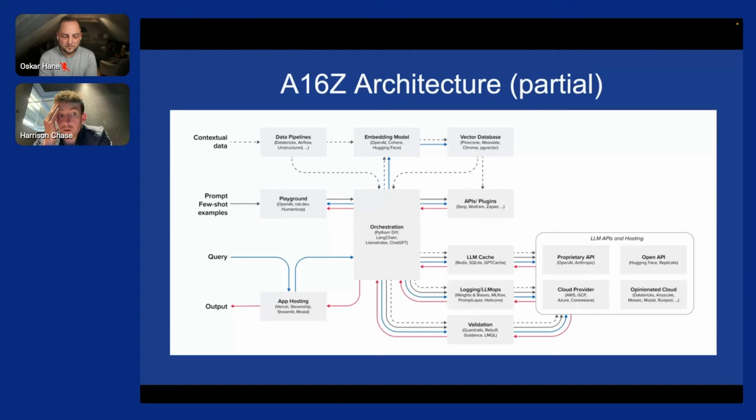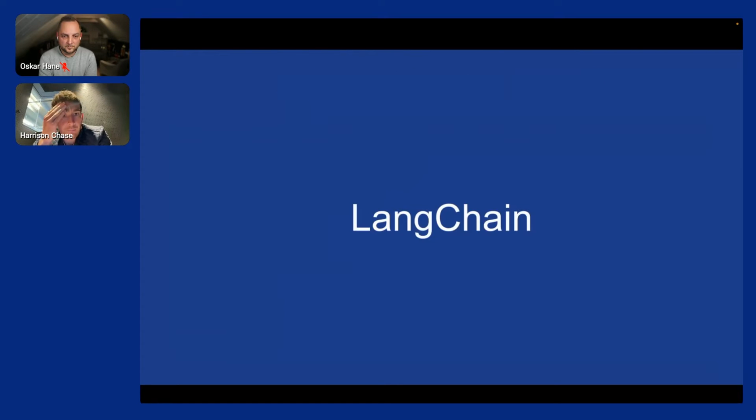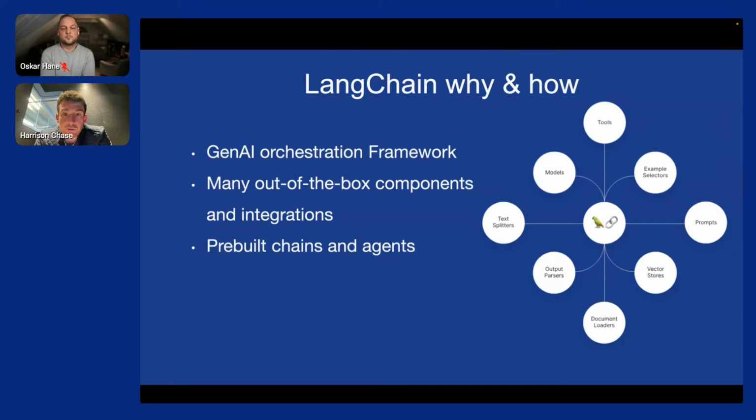One part of this is LangChain, which I'm the CEO of. So, talking a little bit about the why and how of LangChain. We think of LangChain as an orchestration framework for GenAI applications. Specifically, we see two main value props that LangChain provides to developers. The first is a lot of out-of-the-box components and integrations.